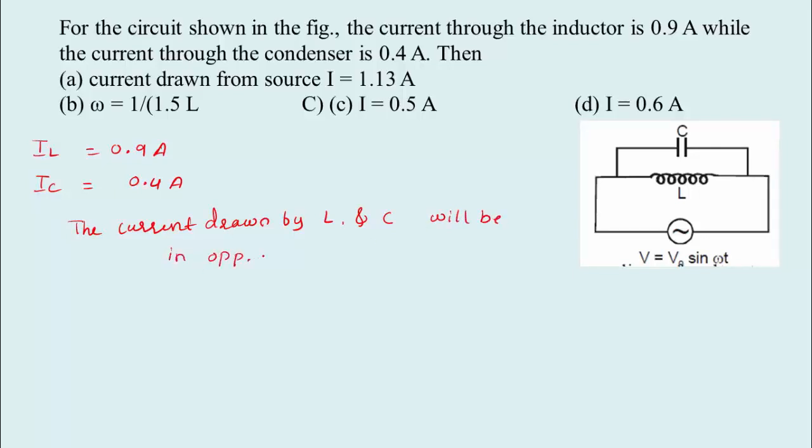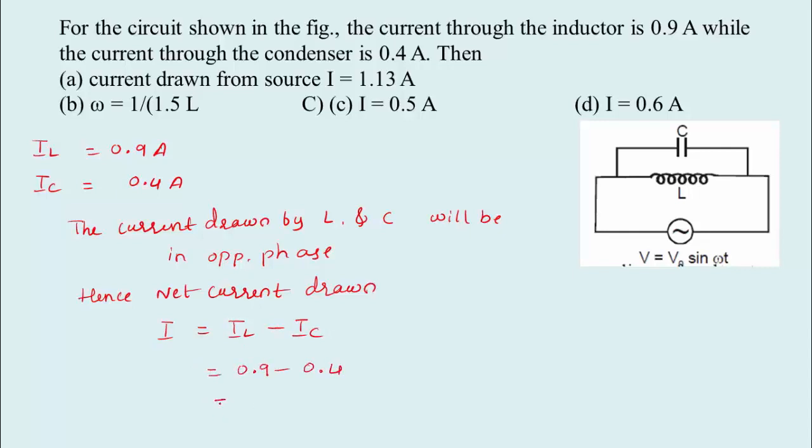So the net current drawn from the LC circuit, let us take it as I, is equal to IL minus IC, because IL and IC are in the opposite phase. IL minus IC is 0.9 minus 0.4 ampere. So we get 0.5 ampere as the net current drawn from the LC circuit.